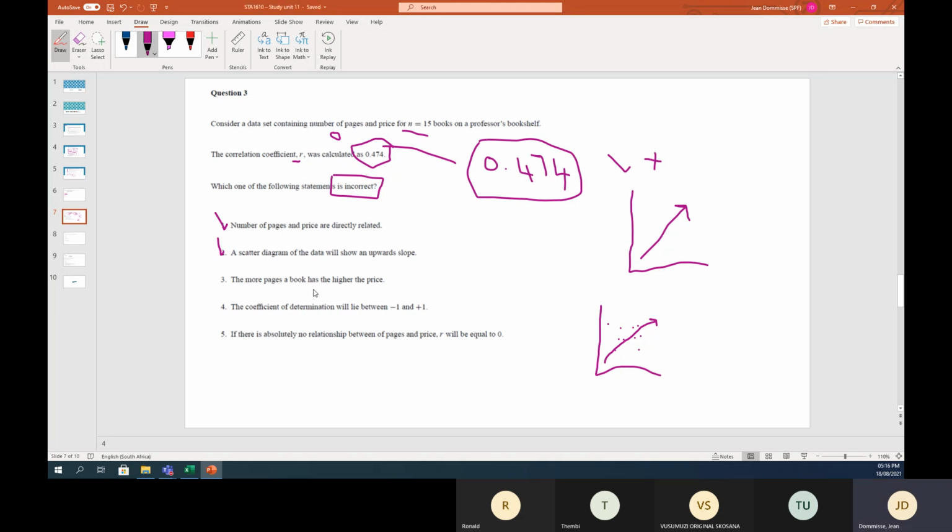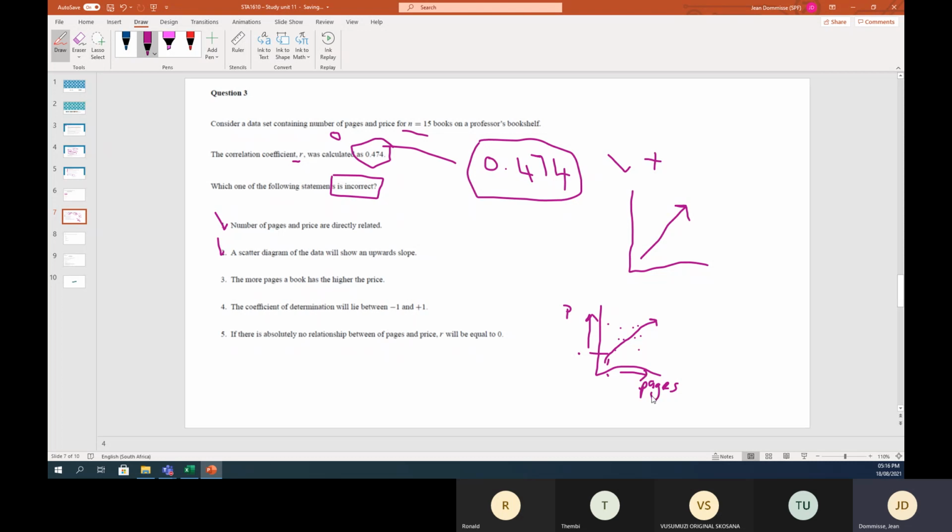The more pages a book has, the higher the price. If that was price and this was pages, it can be the other way around as well. The lower the price, the lower the pages. As price goes up, pages go up.